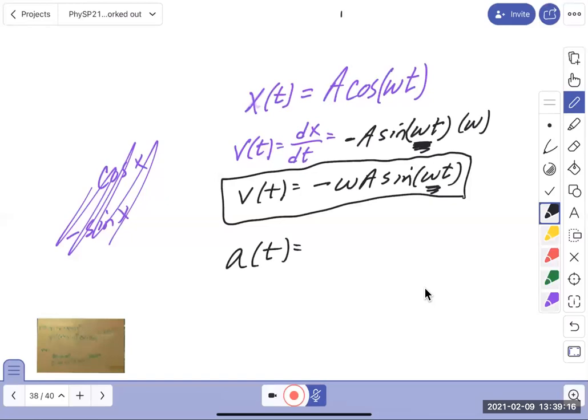So in general, if I have sine of x, the derivative of that with respect to x is cosine of x. Okay, just cosine of x, not negative cosine of x. All right.